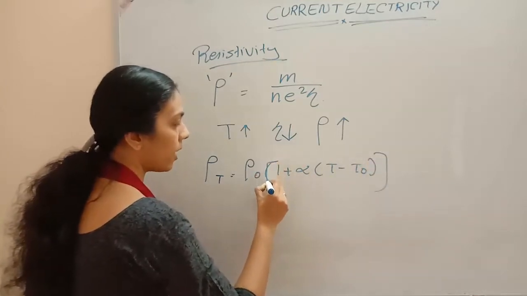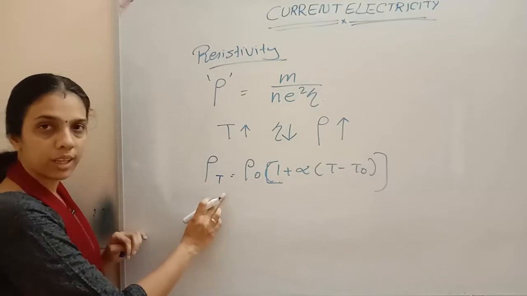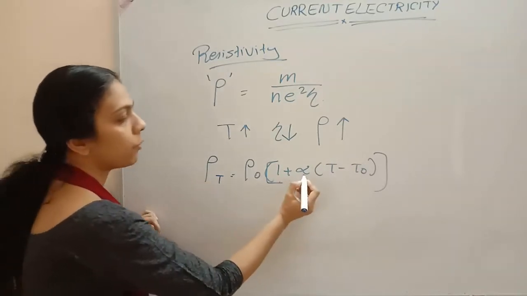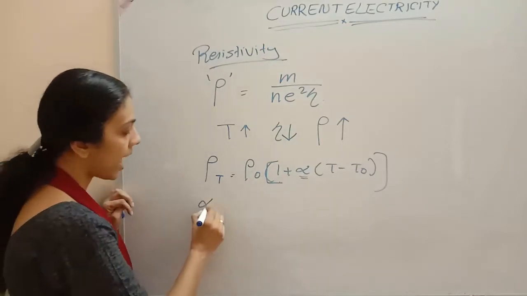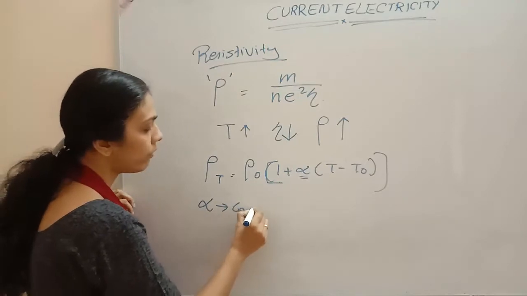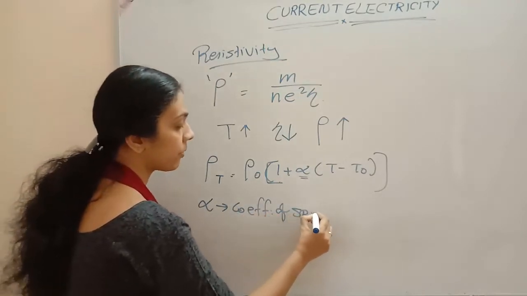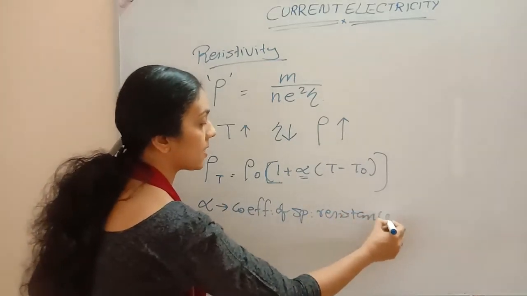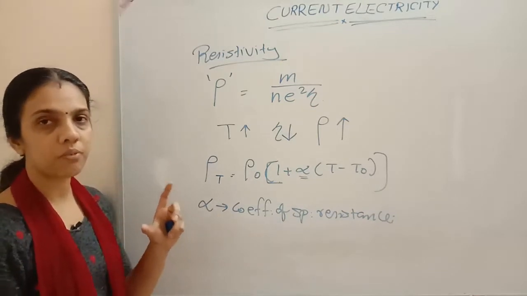This is the formula of specific resistance at a particular temperature T. What is this alpha? Alpha is the new term over here. It is called the coefficient of specific resistance. Resistivity we can call otherwise as specific resistance.